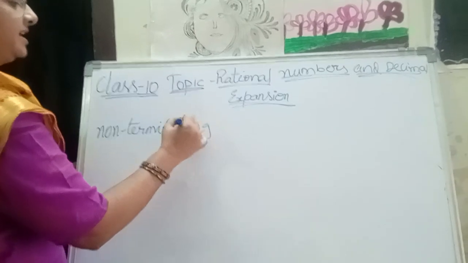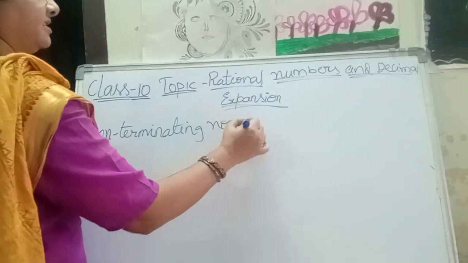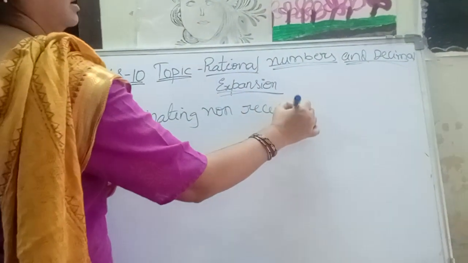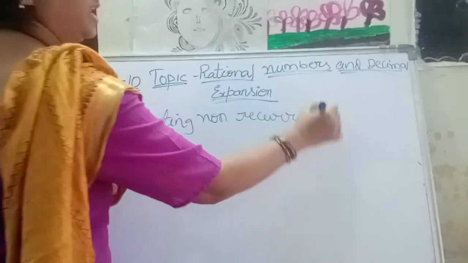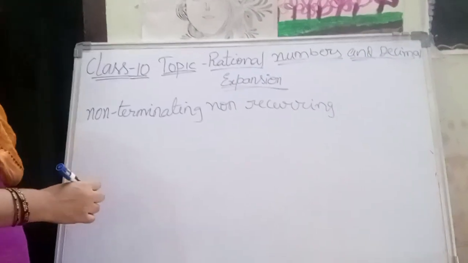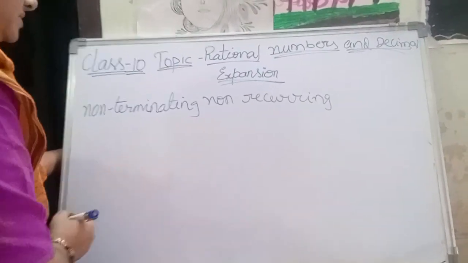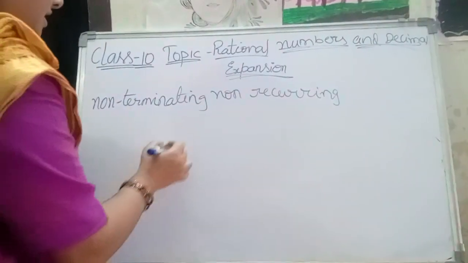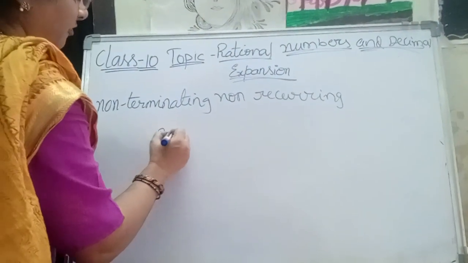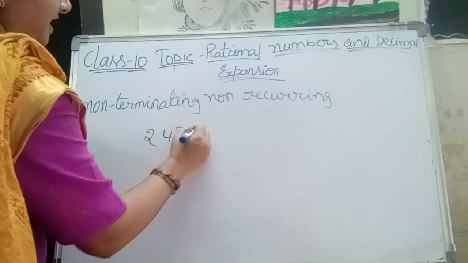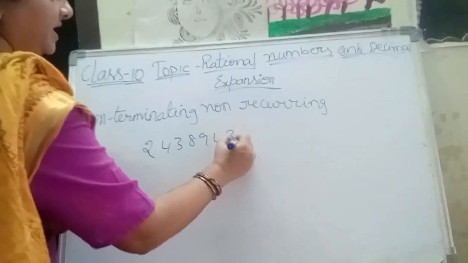One more decimal type is there. What is that? Non-terminating, non-recurring. Non-terminating, non-recurring means, say for example, I took some decimal that goes on in this way: 2.4389, 438.